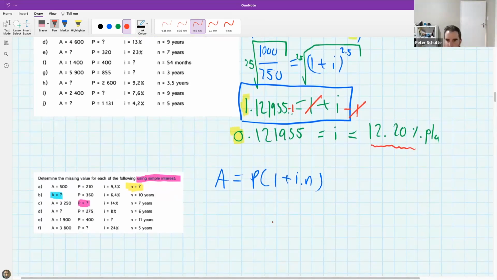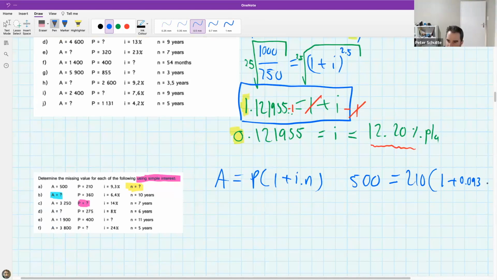So let's have a look at this first one here. I'm going to put 500 equals 210 times (1 plus 0.093n), and I need to get this by itself.